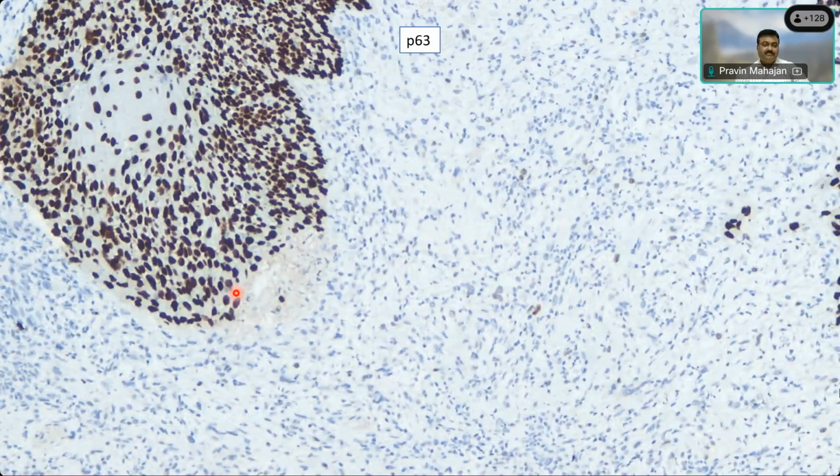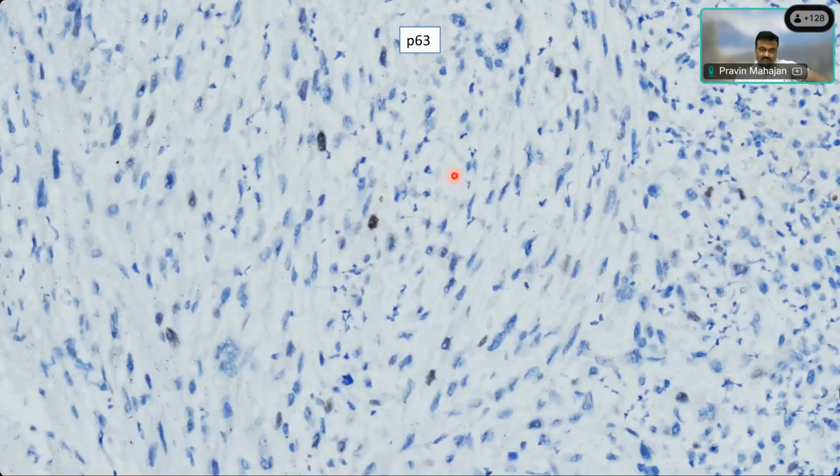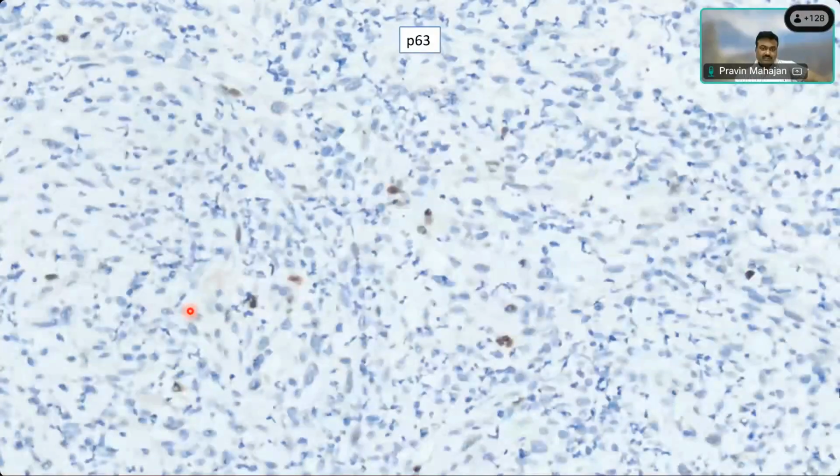P63 again is very nicely, strongly positive in the area with dysplasia, but in the spindle cell areas very few cells are positive. There are some other areas in which you can see P63 positive, but very few cells, maybe 5 to 10%. So this tumor has all the CK negative, EMA negative, but some P63 positive.